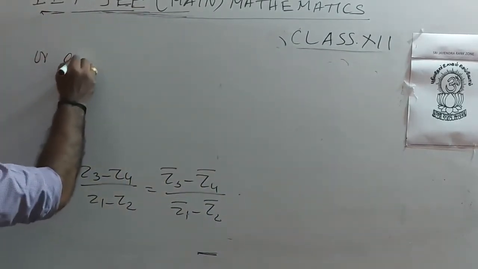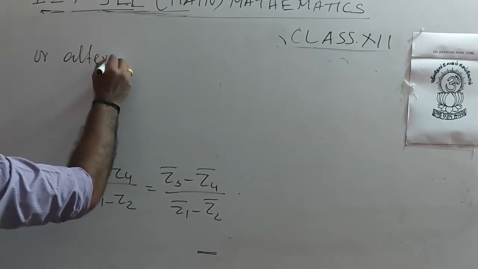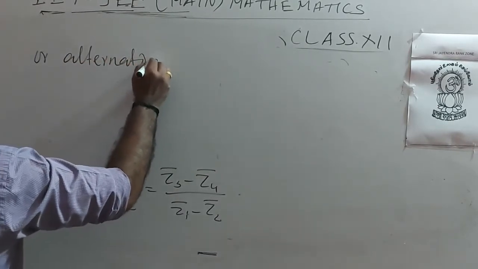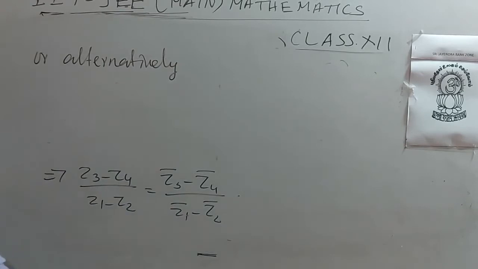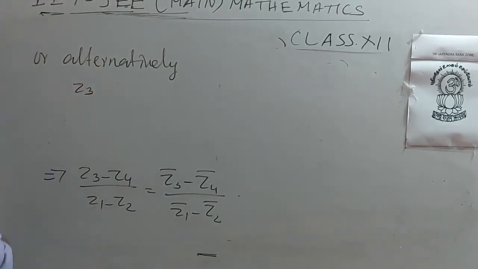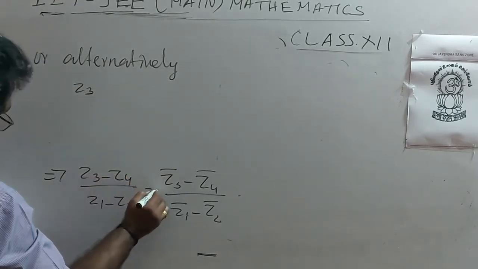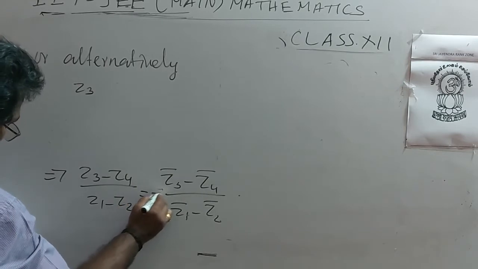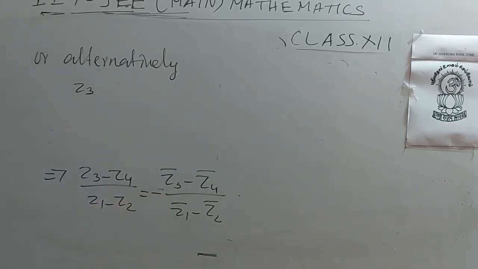Or alternatively, minus of Z3 bar minus Z4 bar divided by Z1 bar minus Z2 bar.